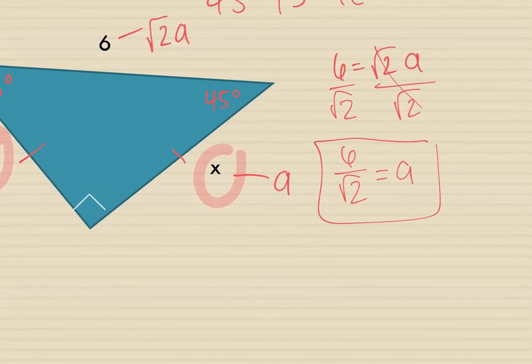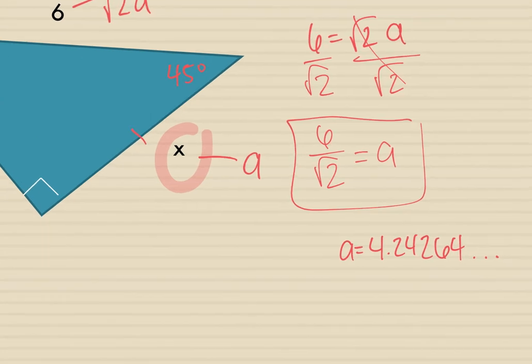All right, so we got A equals 4.24264... Now, remember, what are we rounding to in this class? The tenths place. So we're looking at the 2. The 4 is going to round it down. So we're just going to write it as A equals 4.2. You guys cool with that? Okay.